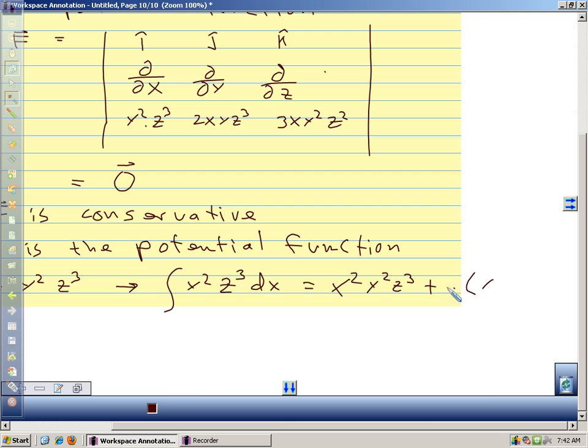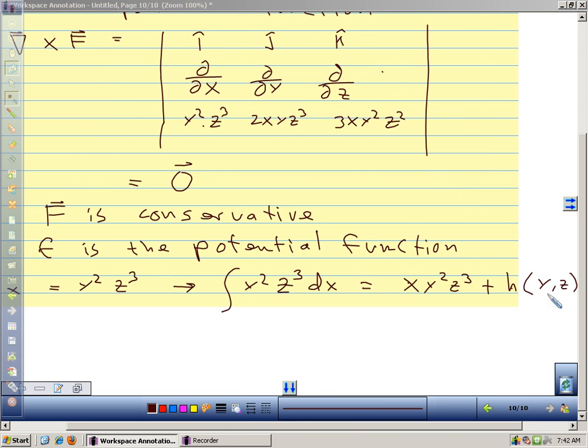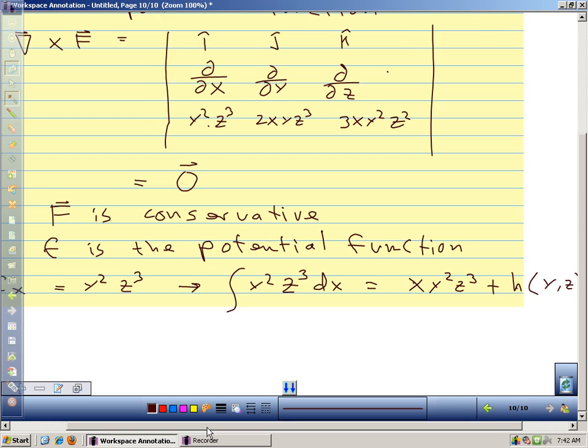Why is it x squared? It's not. Sorry, this should be x. Thank you. Plus some function of y and z. A function of y and z is constant with respect to x.